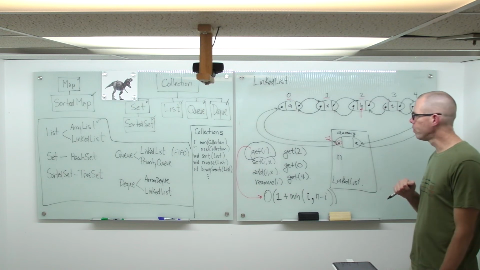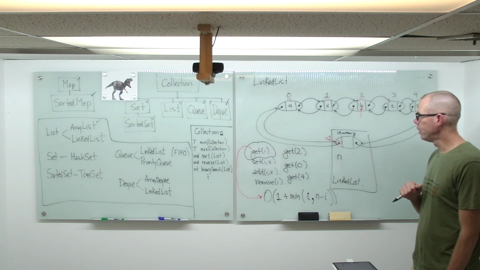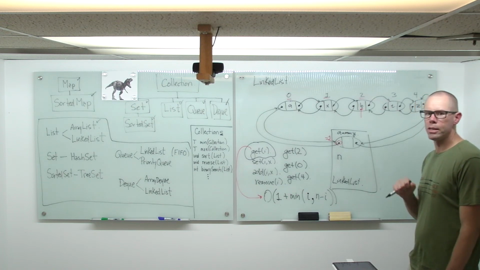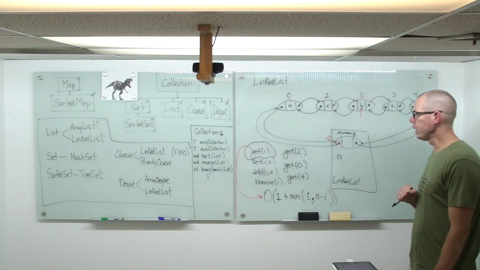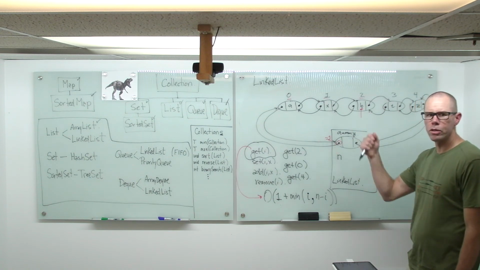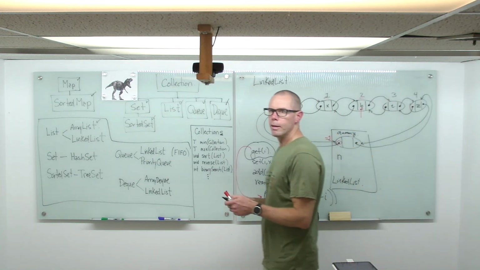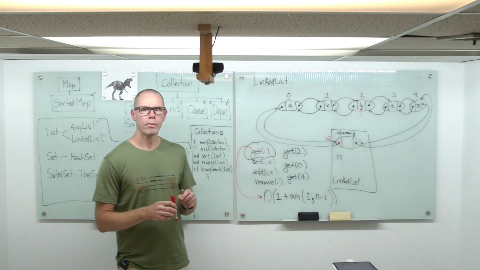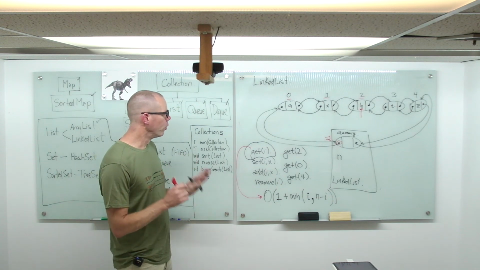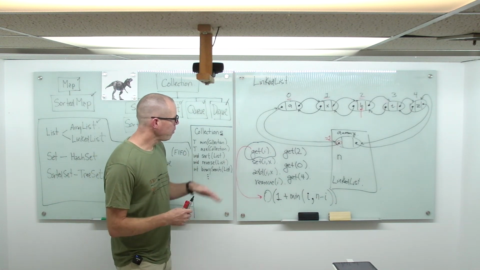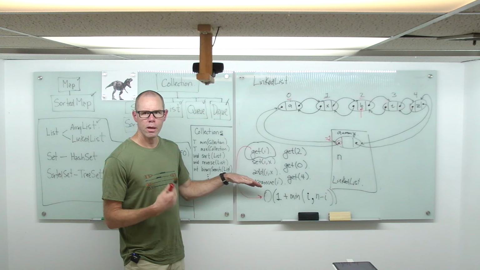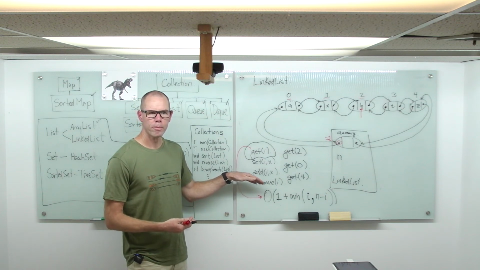This is important to understand. So the get operation doesn't take constant time like it does in an array list. In an array list, you just go to the array location and it's done. So this is really the only thing to know about linked lists, because all these other operations have the same issue.